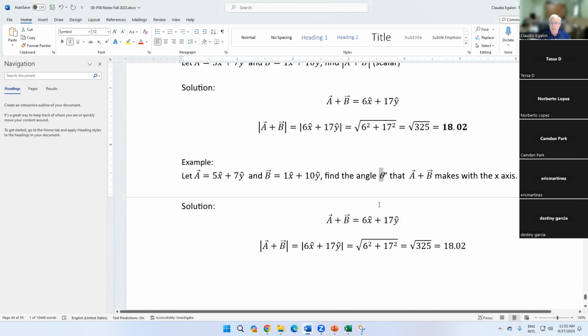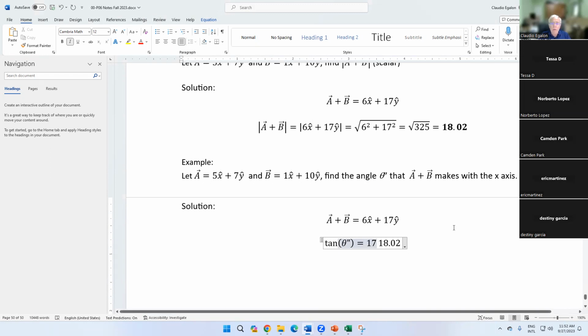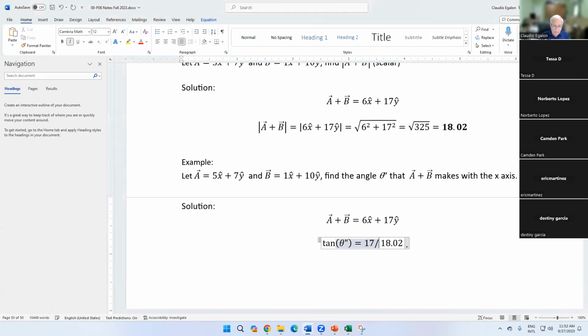Tangent of theta 2 prime is equal to 17 divided by 6. Erase this one here. Okay.